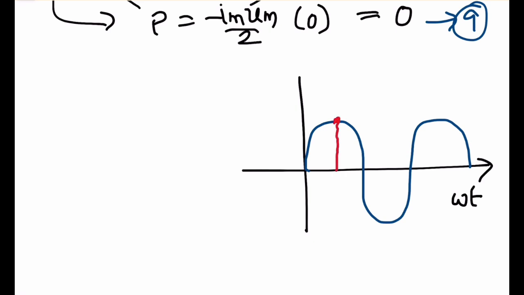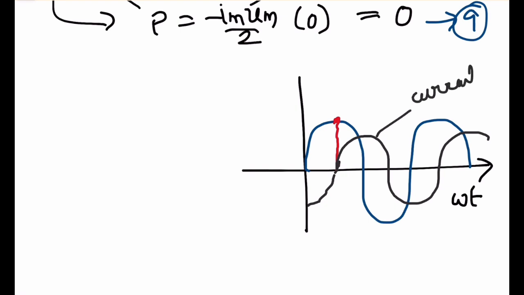So you can draw the current wave like this, and just to extend, you can draw like this. The black one is the current, and the blue one is the voltage.